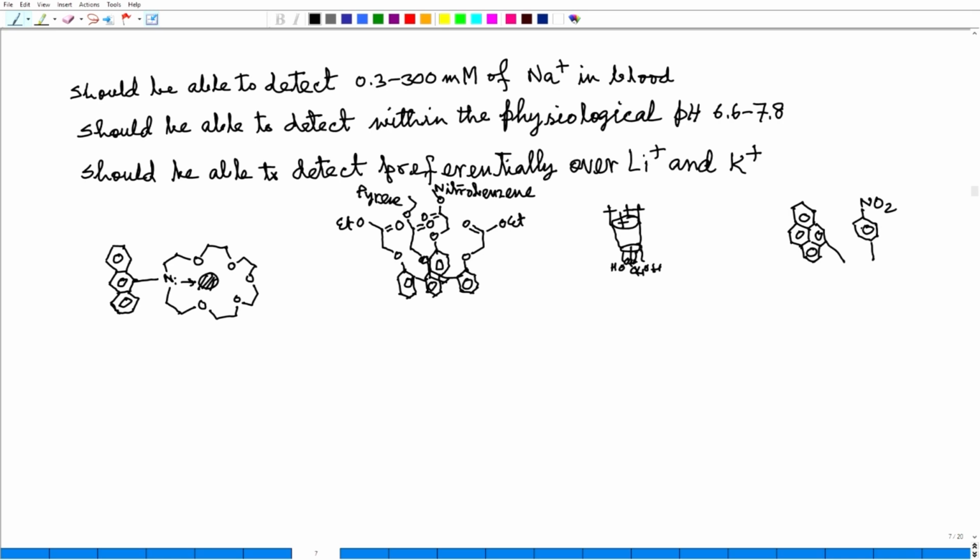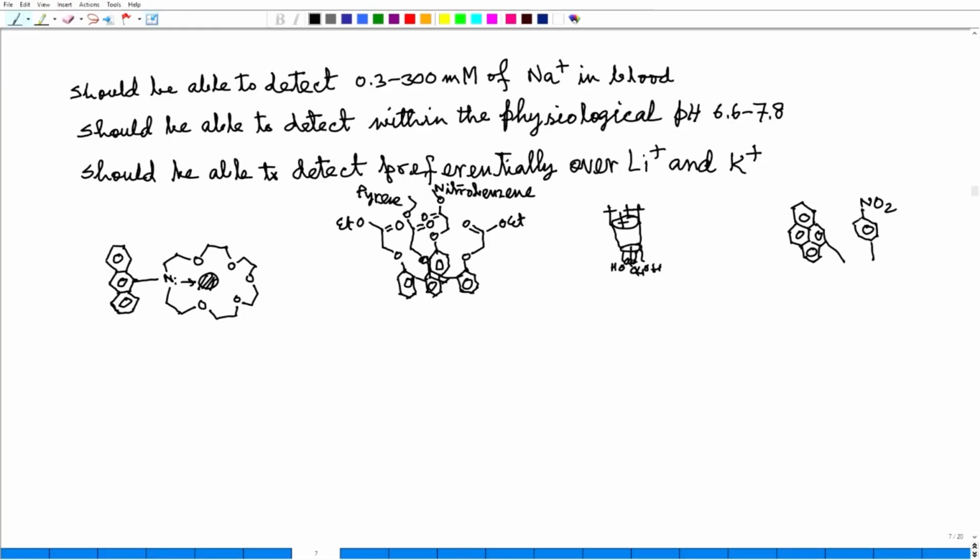So, this pi is somewhat electron deficient. Therefore, it has strong attraction for pyrene, and when there is nothing, pyrene and nitro groups come close to each other. Okay, pi stacking.